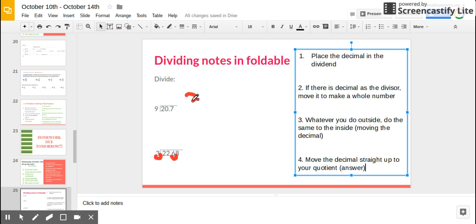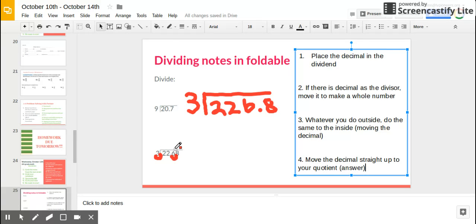So I now have the whole number 3 going into 226.8.